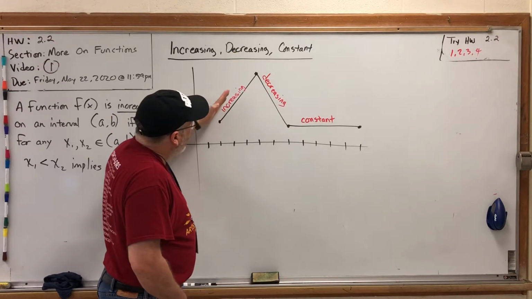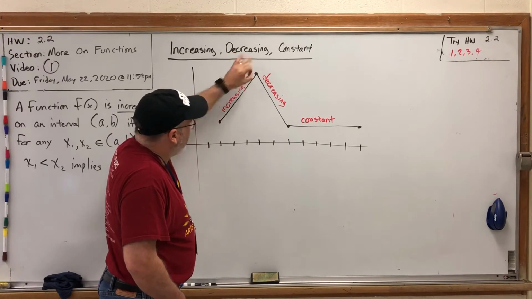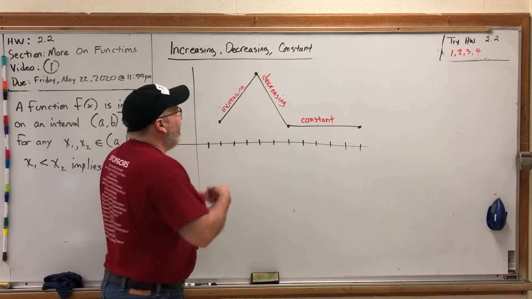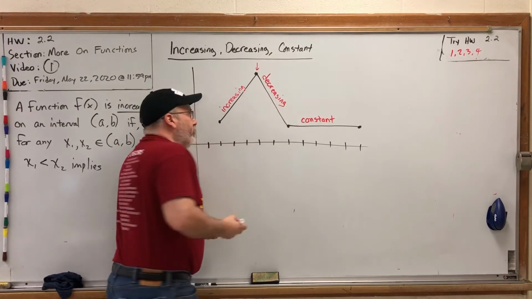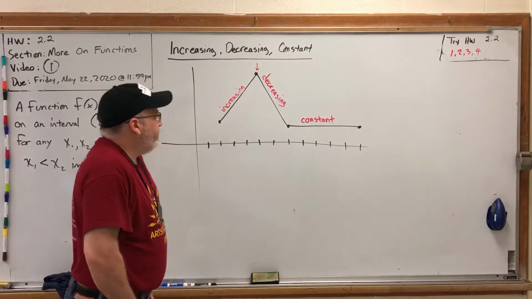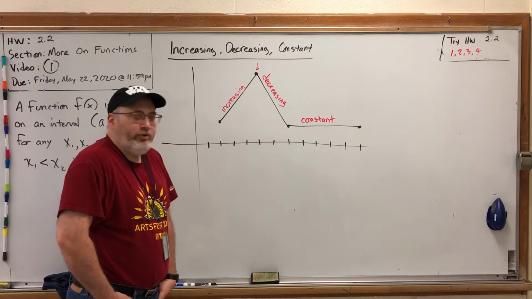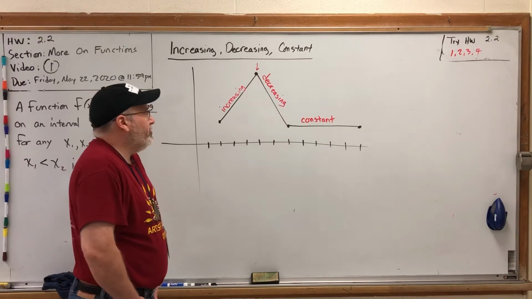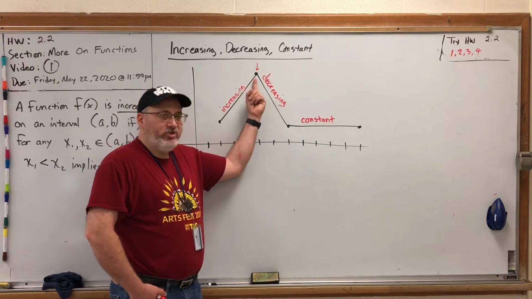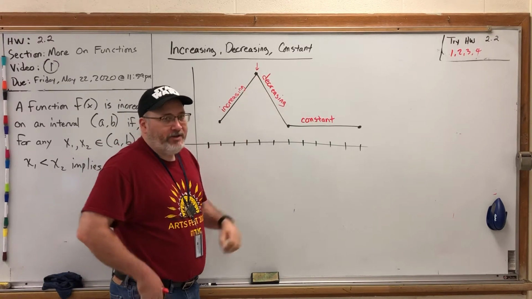But if we were moving up here and then we were at the top and somebody took a picture, would you say that at this moment in time, right here, are you currently increasing or decreasing? Well, the problem is you're either doing both or you're doing neither. There's really no reason to say that you're doing one versus the other. I like to think at this point you're transitioning between the 2, so you're technically doing neither.